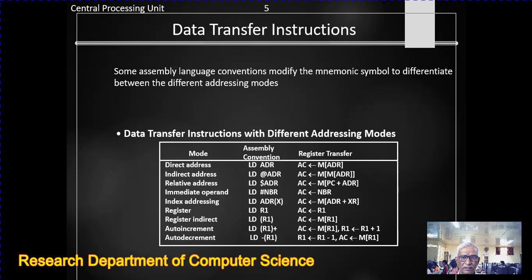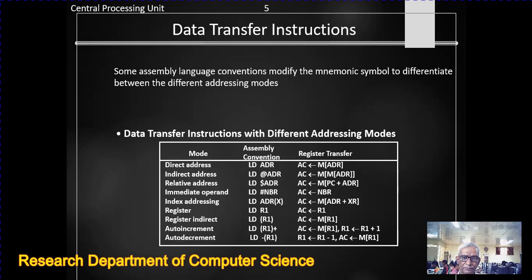The corresponding convention: LD for load. These are the load operations. LD ADR, address; the corresponding example is the memory at the address transferred to the accumulator. AC means accumulator. The accumulator is a processor register, and all the operations take place in AC. For indirect mode, the address is already in memory, and that memory location contains another memory address, which is why it is written as memory of memory of ADR transferred to AC.